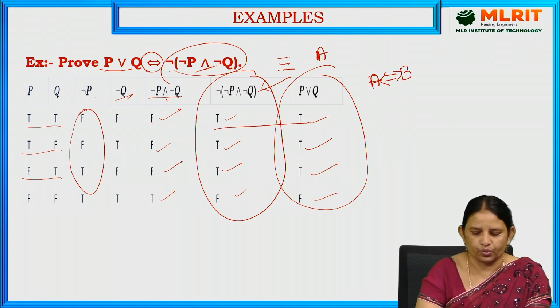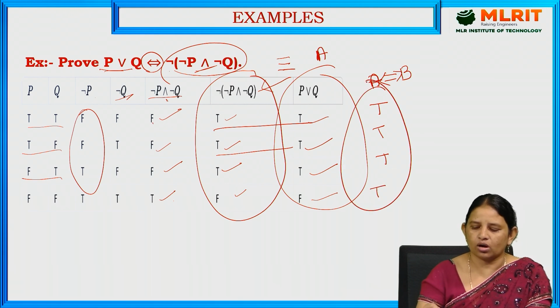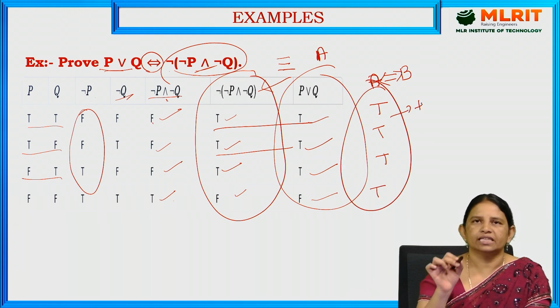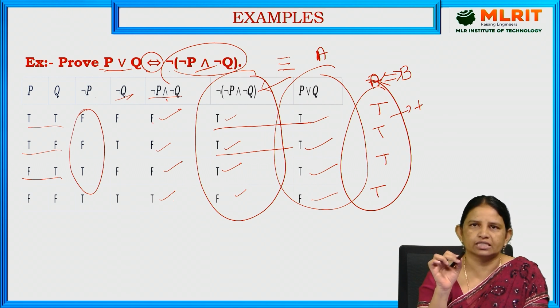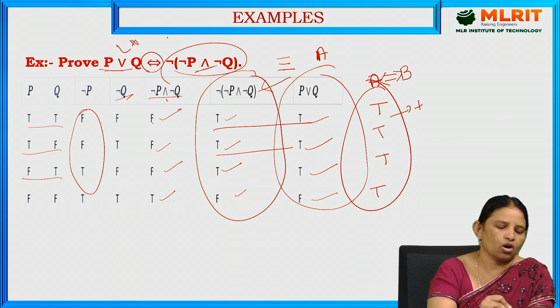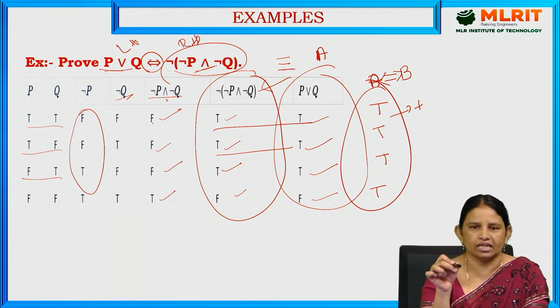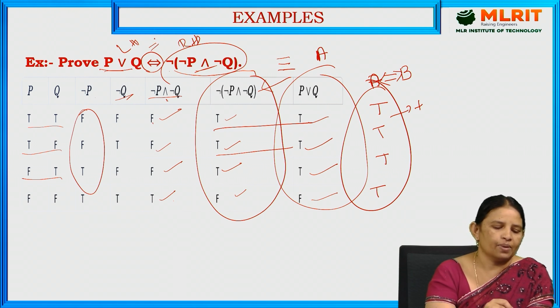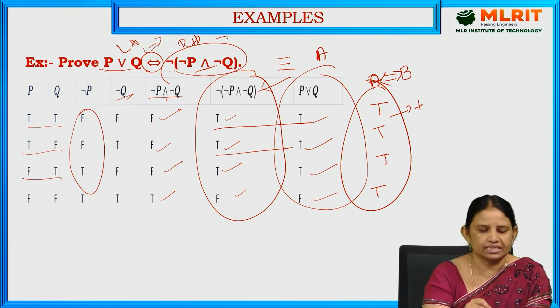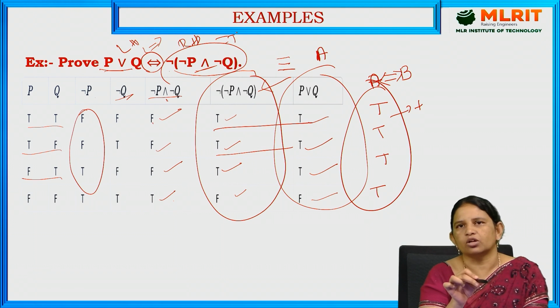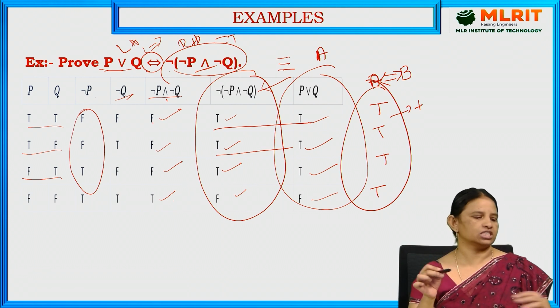Here it is true all the way, and the final column of the truth table is true. Then we can say the given propositions are logically equivalent. The first condition is that LHS and RHS should produce the same value. And LHS biconditional RHS returns a tautology. Then the two propositions are said to be logically equivalent.